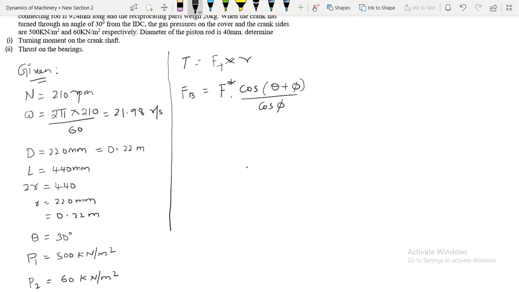Okay, so these two relations we are going to use for finding out what is required: turning moment on the crankshaft and thrust on the bearings. Okay, so now let us find out each unknown one by one.